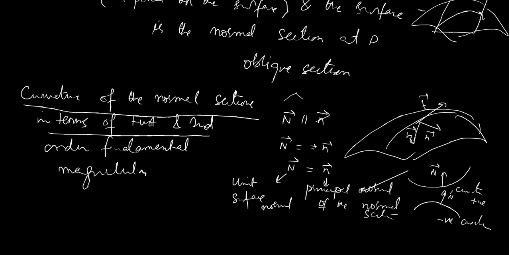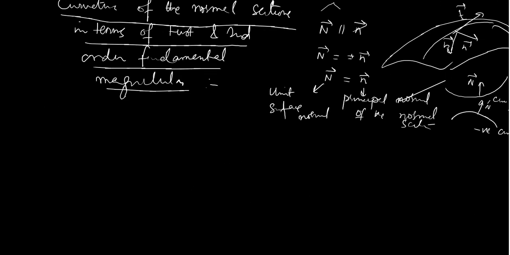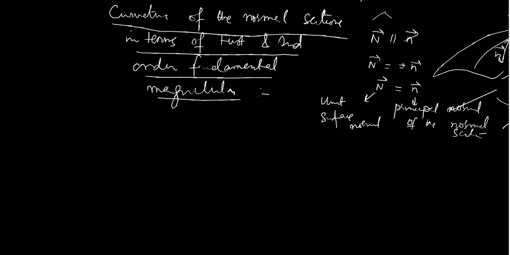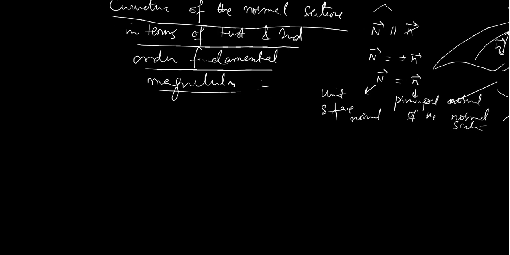I can find the curvature of the normal section in terms of the first and second order fundamental magnitudes. For that, let k sub n denote the curvature of the normal section.